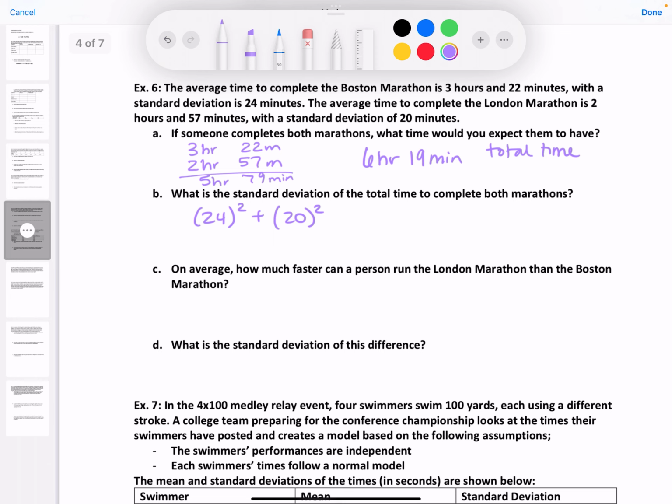I don't know what that ends up being off the top of my head. The square root of that value is the square root of 976. Because we want standard deviation, and this was variance, this is the standard deviation. So 31.24 minutes.